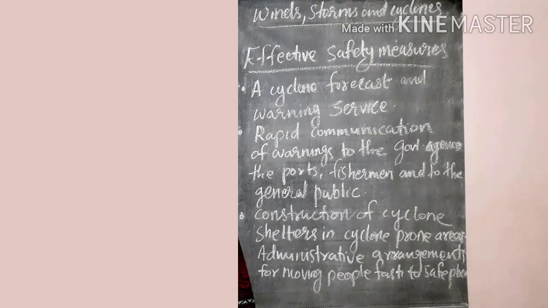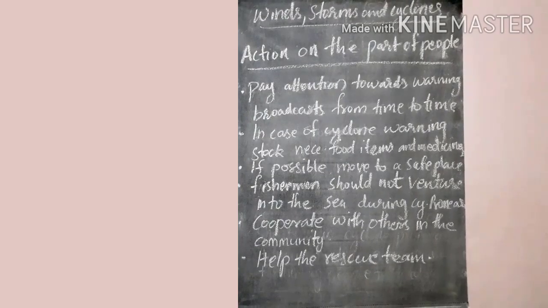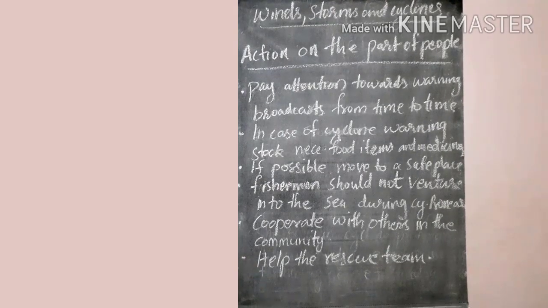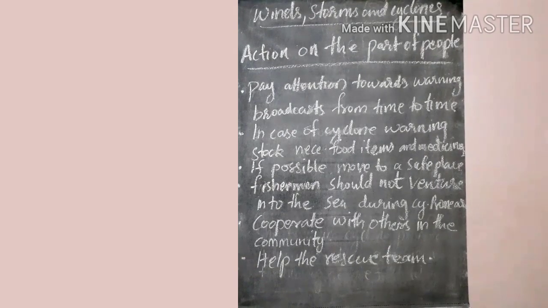Dear students, next we can look at the actions on the part of people. We must pay attention to warning broadcasts from time to time. That means in cyclone-prone areas, the people should be alert.